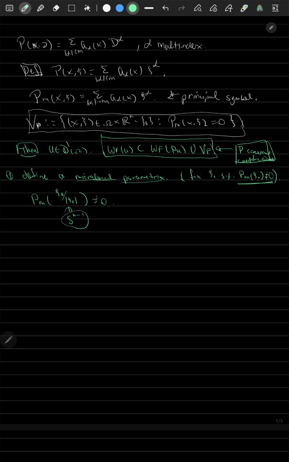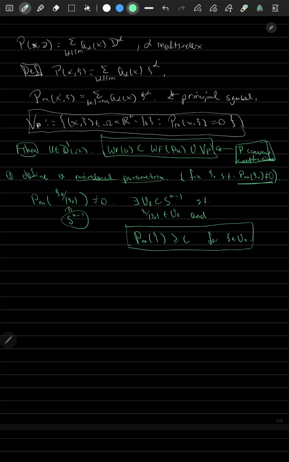And since this is not 0, and by the continuity of P_m, there exists a neighborhood U_0 in S^(n-1), such that this point is contained in U_0, and the absolute value of P_m of xi is greater than or equal to some constant C for xi in U_0. This is just from continuity of P_m.